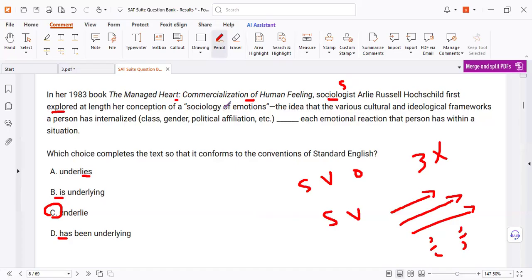Look, used a single dash to explain the previous clause. So after this explanation, now my subject must be here.